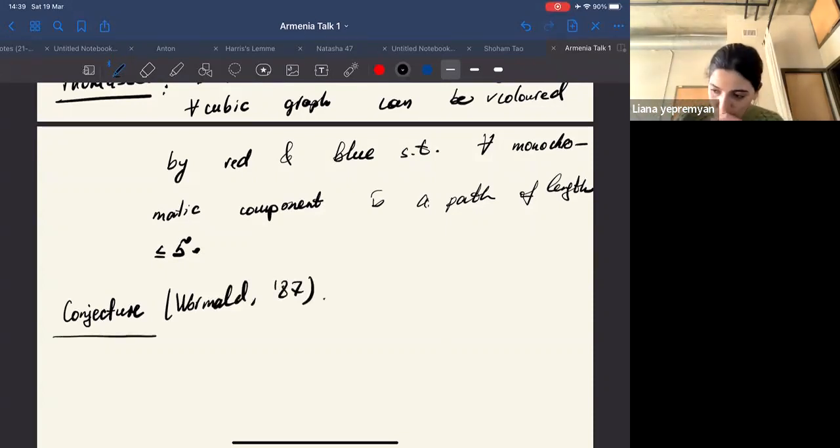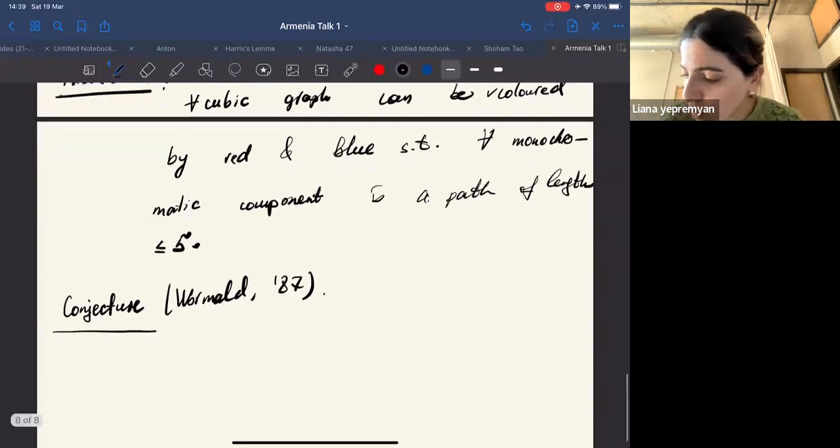Up to now, we were just asking that every monochromatic component is a path. We didn't require these paths to be isomorphic to each other, or the number of paths to be the same, or a one-to-one mapping between these paths. So I never asked anything about isomorphism between the graphs of color red and blue. And that's what Wormald asks for.